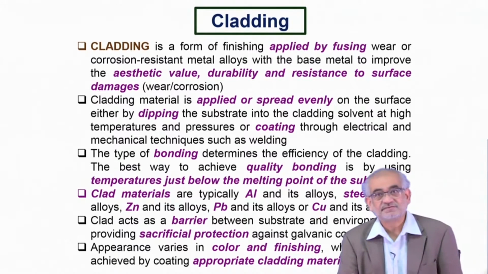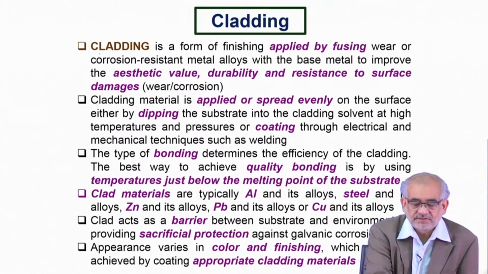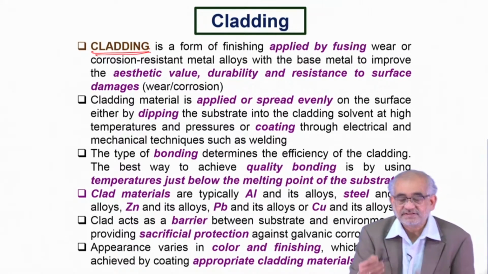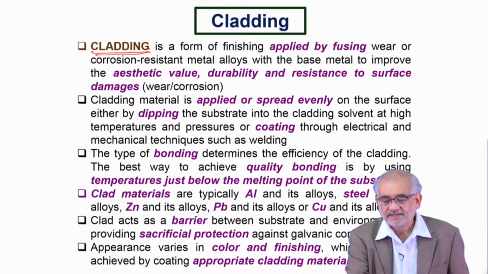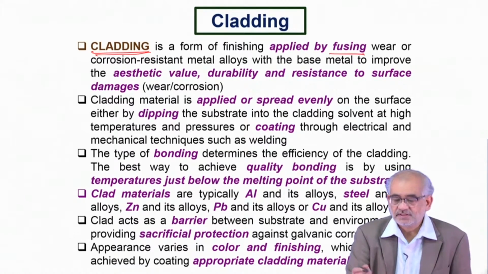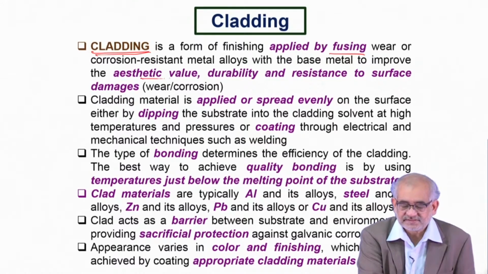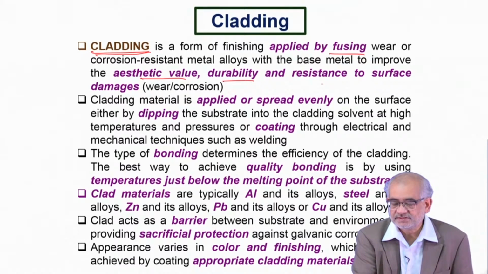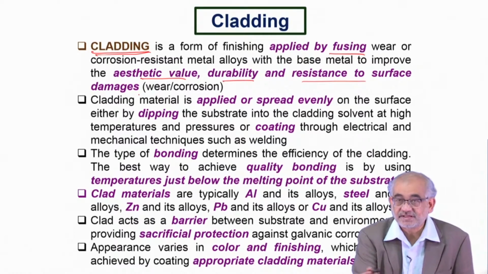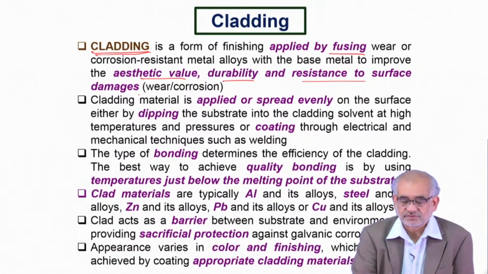As I said, overlay is very popularly called cladding because you are creating a new layer on top. This is created by fusing wear or corrosion resistant metals or alloys with the base metal, and we can improve the aesthetics of the substrate, the durability, the resistance to surface dependent damages like wear or corrosion, and so on.